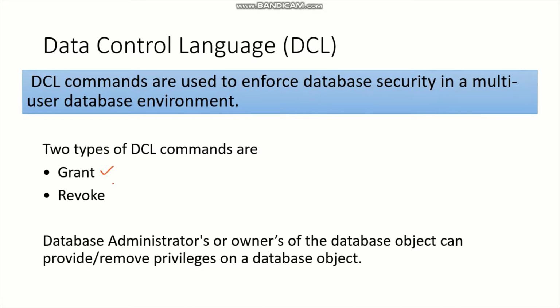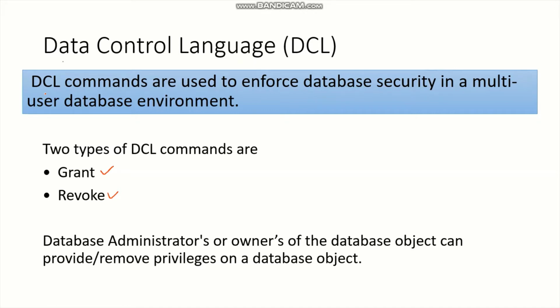First one is grant, the second is revoke. With the help of these two commands, we assign privileges to users and we may cancel these assignments with the help of revoke.